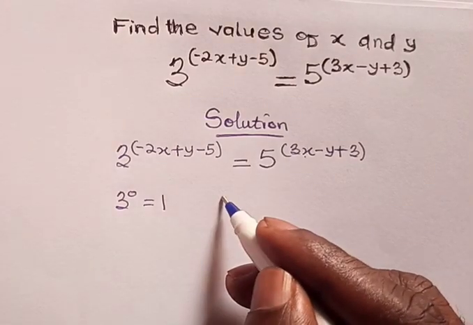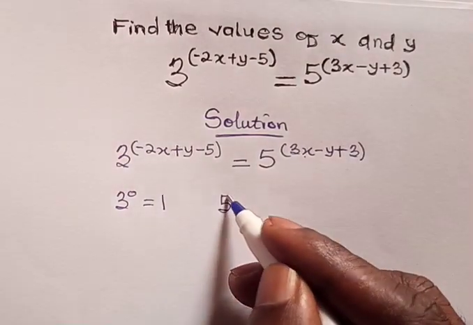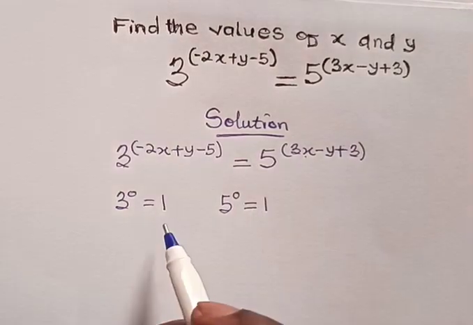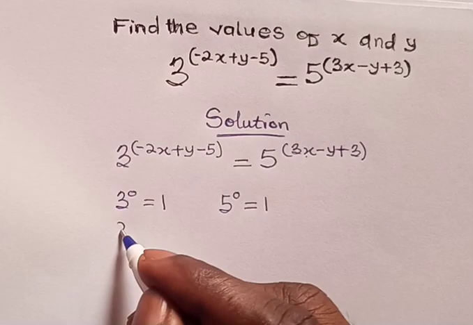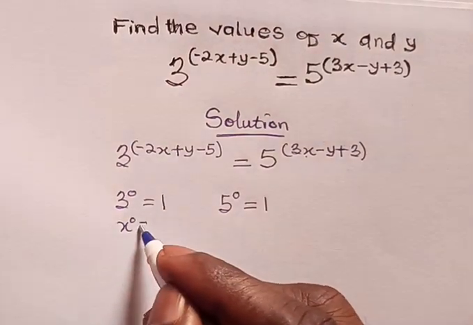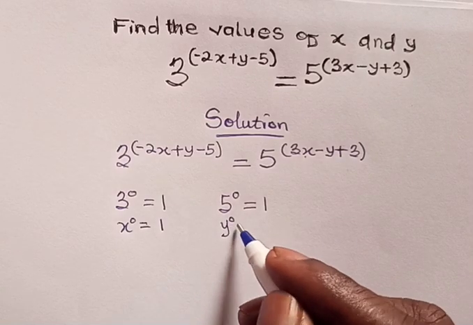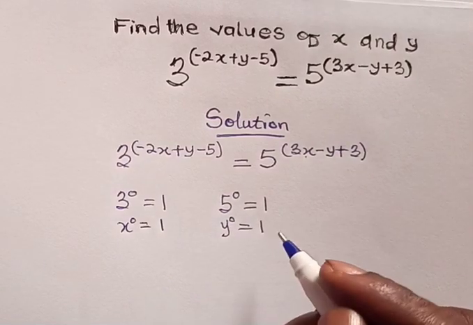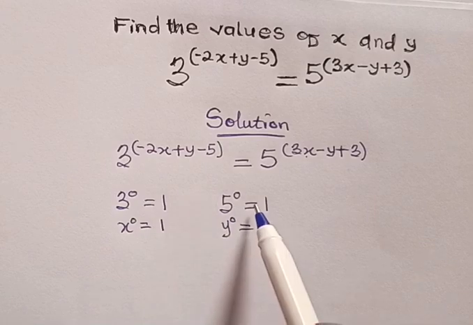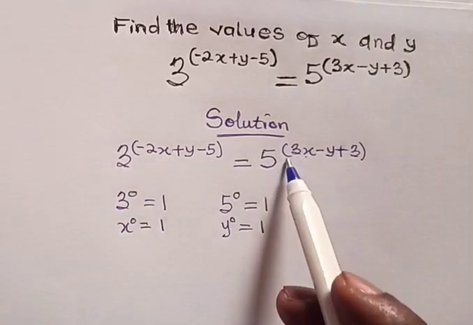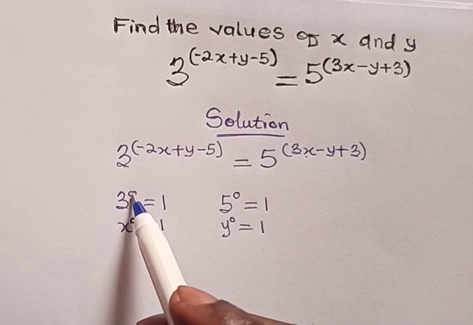The same thing if I say 5 exponent 0, I'm also getting 1. If I say x exponent 0, then I'm getting 1. If I say y exponent 0, I'm getting 1.